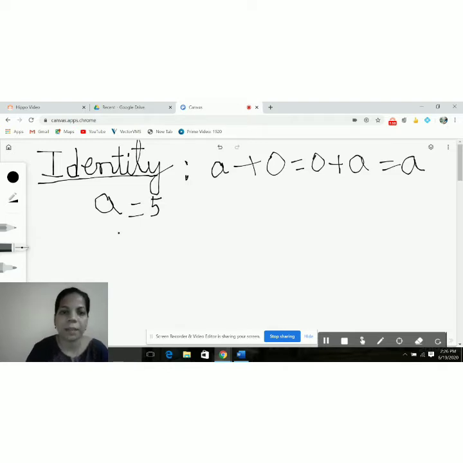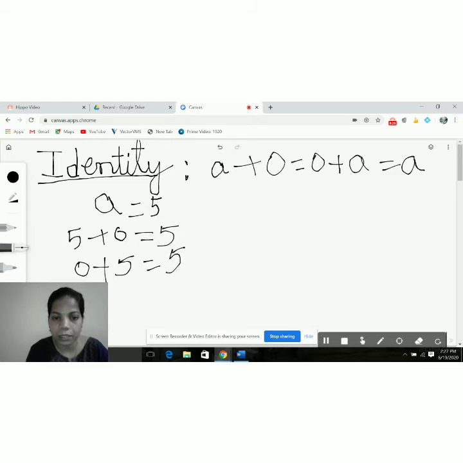Right? So now a plus 0. A plus 0 means 5 plus 0. How much? 5 plus 0 is equal to 5. Now we will do 0 plus a. 0 plus what is the value of a? 5. 0 plus 5 is 5 again.